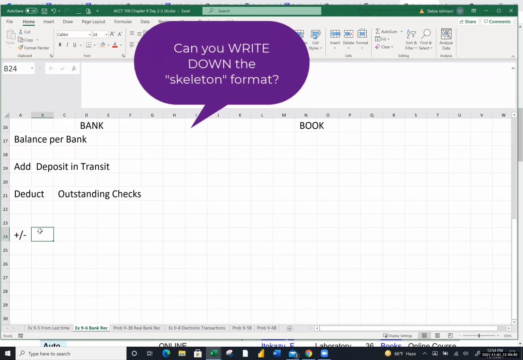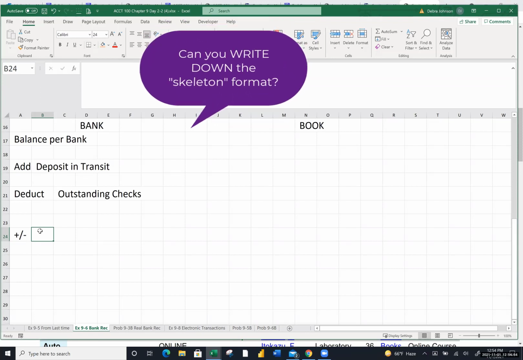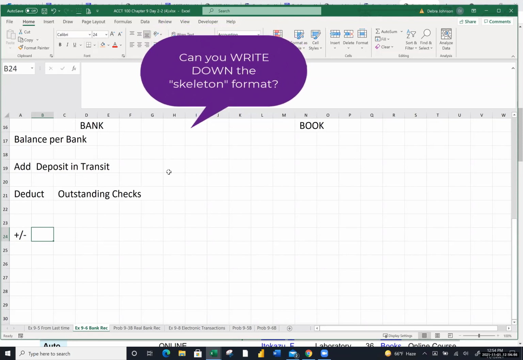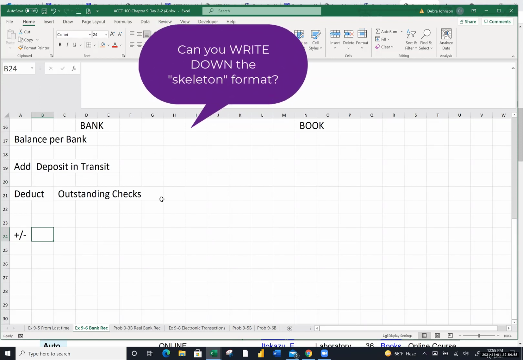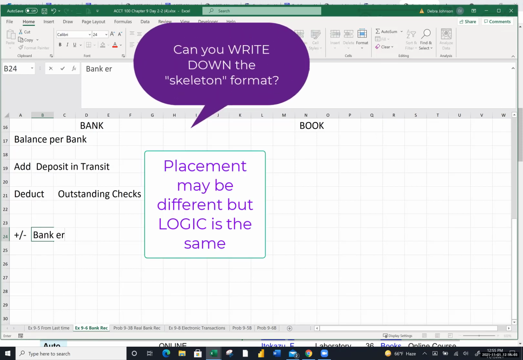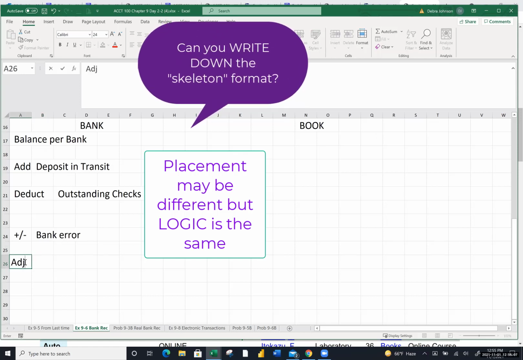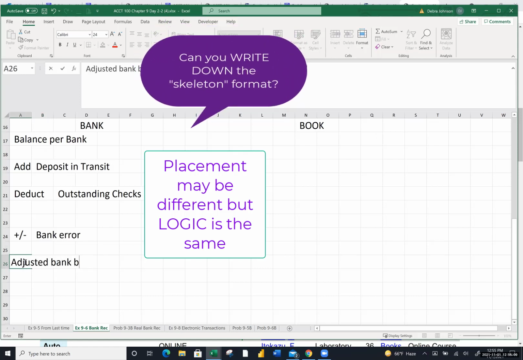I put them at the bottom, again, because I think it's easier to remember them kind of as a side note. Your author is just going to let you put them either in the add area or in the deduct area. So anything related to a bank error is going to have to be adjusted. And that'll give me my bank side, adjusted bank balance.